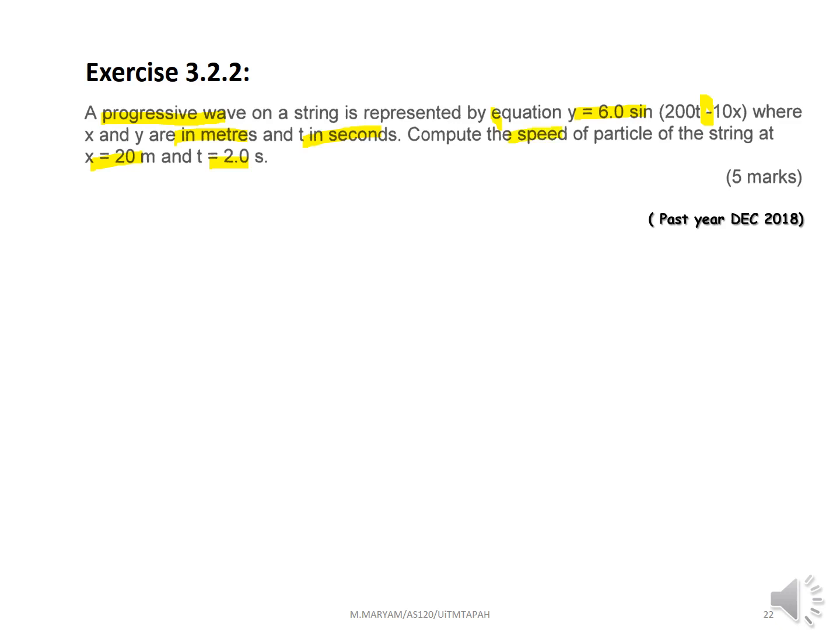As you can see, x at 20 meters and t at 2 seconds are already given, which means you need to use the equation of velocity as a function of x and t, which is v equals A omega cos(kx minus omega t). Take all the information here, substitute the x value and t value into this equation, and you can find the speed. Okay, good luck.